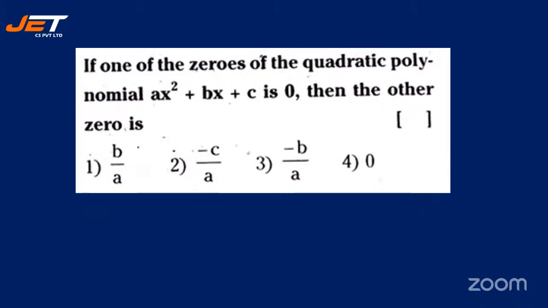See the next question. If one of the zeros of the quadratic polynomial ax square plus bx plus c is 0, then the other zero is dash.